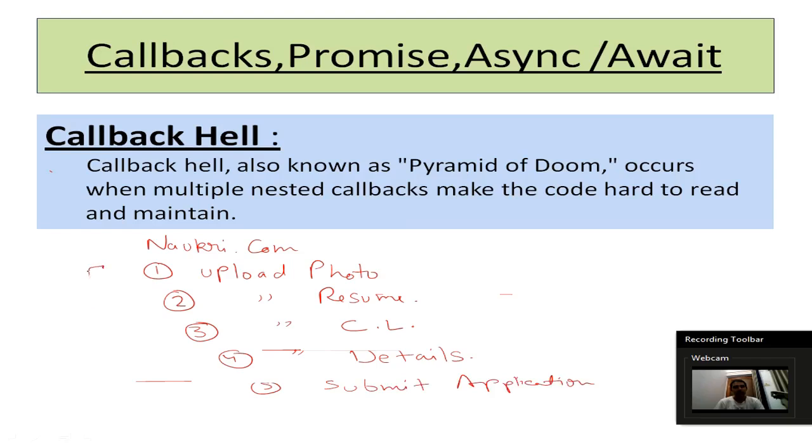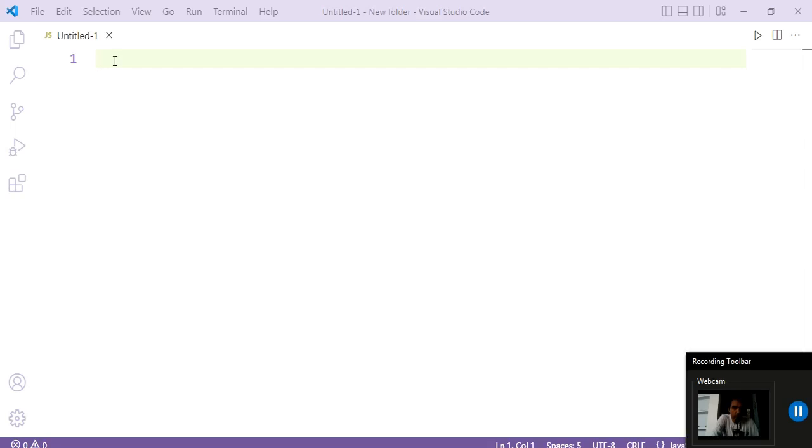Right, so you can see that all these steps are nested, and we will try to write kind of dummy JavaScript code for this process, and we will see callback in that code. Alright guys, so now let's write the code. I'm taking a function submit application, and inside it passing a parameter steps.